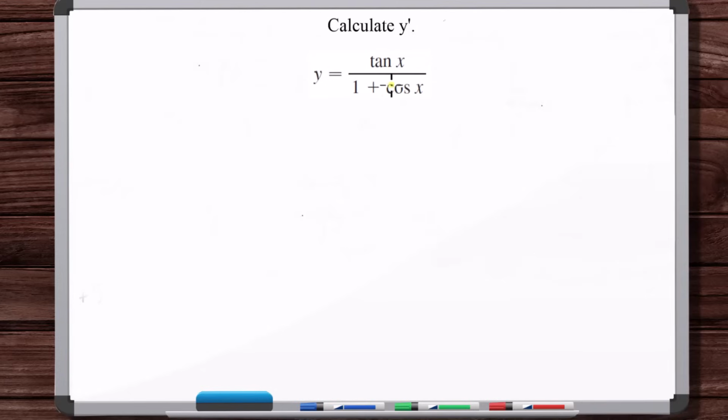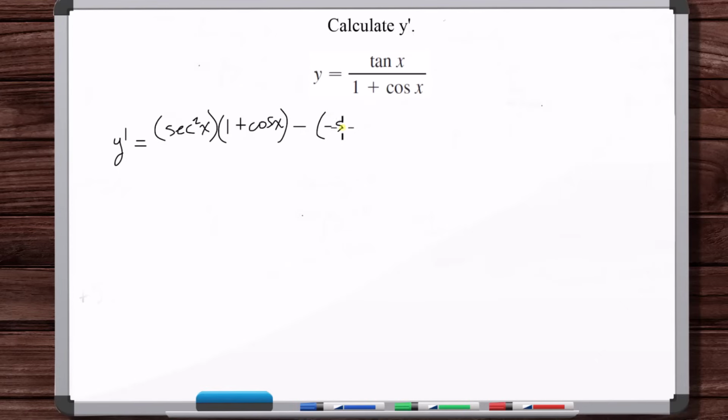Okay, we can use the quotient rule here. We have one function of x over another function of x. So the derivative of the top, the derivative of tangent of x is secant squared of x, times the bottom, minus the derivative of the bottom. What is the derivative with respect to x of 1 plus cosine of x?